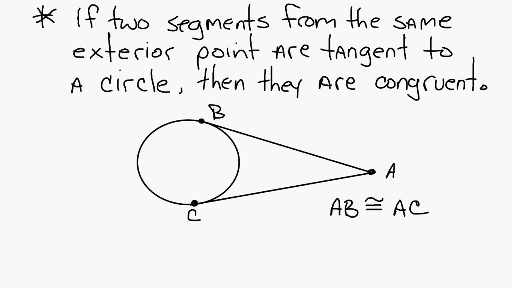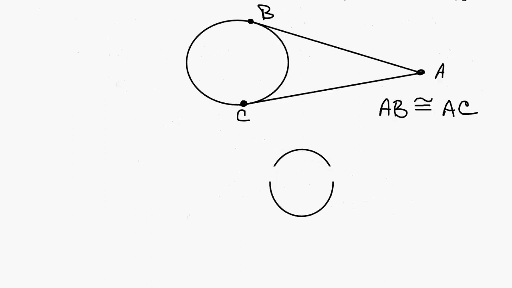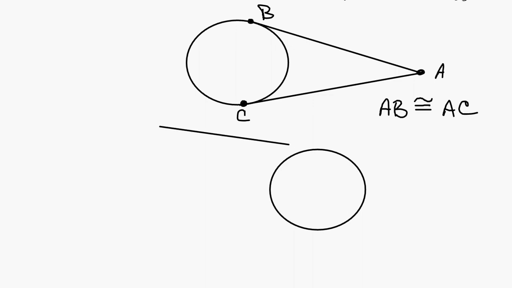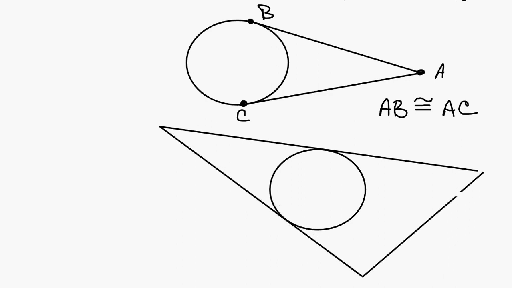Now, the same would be true in this case. Sometimes the picture they'll try to fool you a little bit, giving you this picture. In this case, the rule still applies.